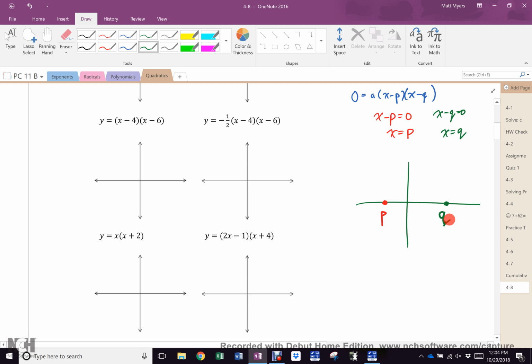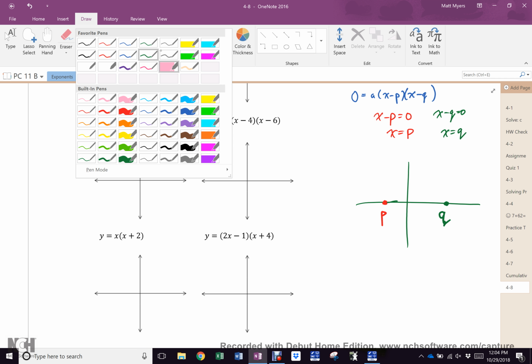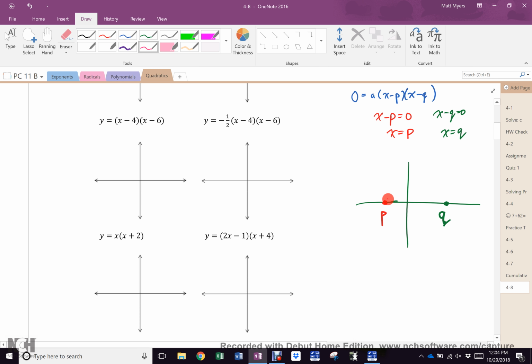Correct? What do we know about the horizontal distance between those two compared to the axis of symmetry? It's the same. This distance is the same as this distance.